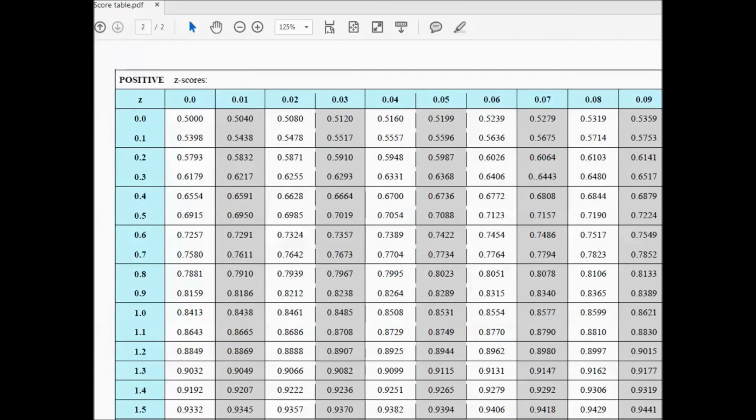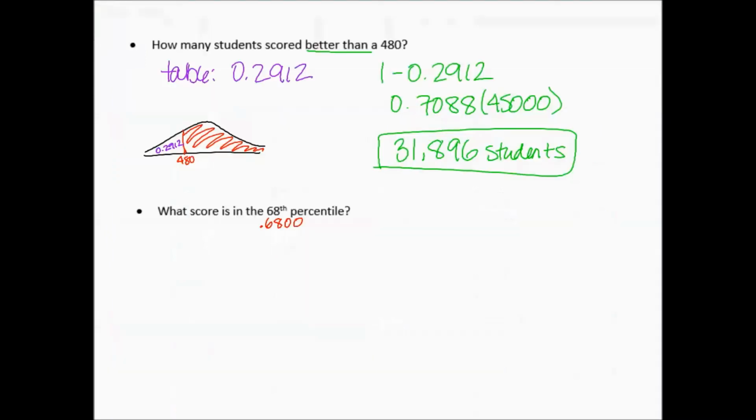If we look through all of these numbers in the middle of the table to find the one that is closest to 0.6800, we find this number here that is 0.6808. And that number corresponds to the z-score of 0.47.